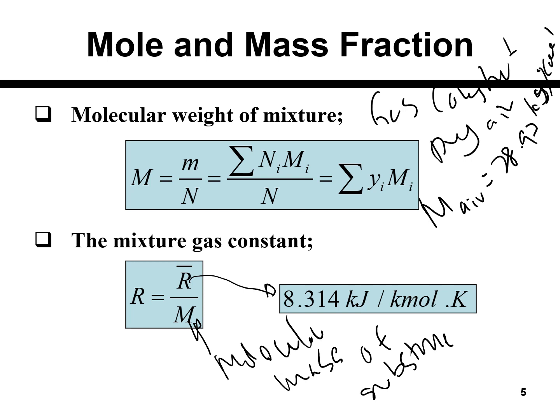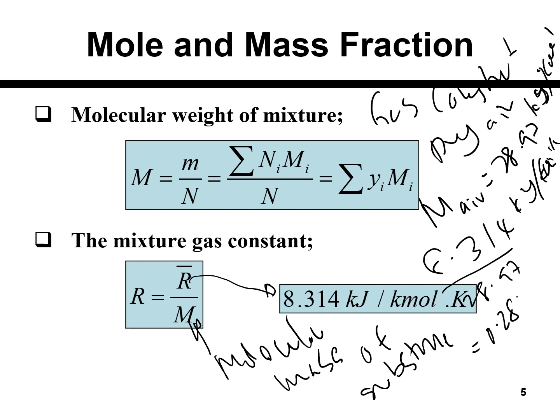So you divide 8.314 kilojoule per kilomole Kelvin by 28.97, and it gives you about 0.287 kilojoule per kilogram Kelvin. This is the gas constant for dry air.